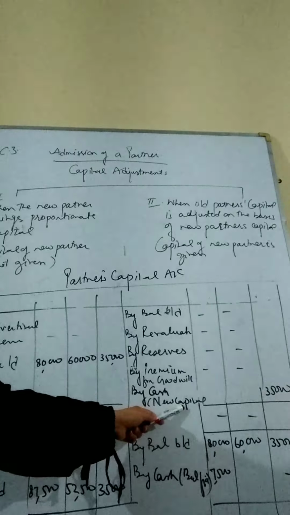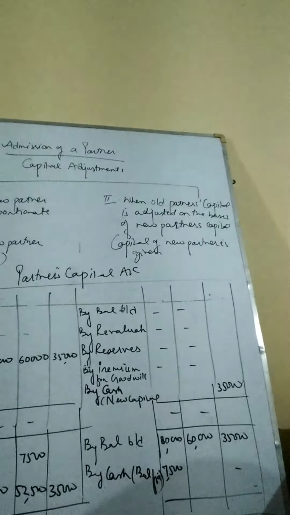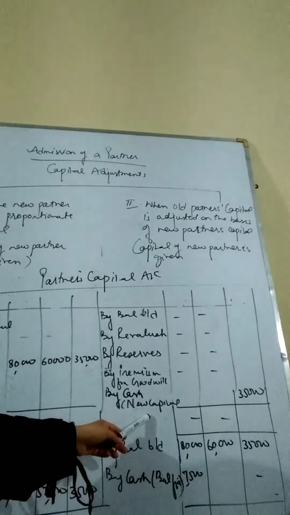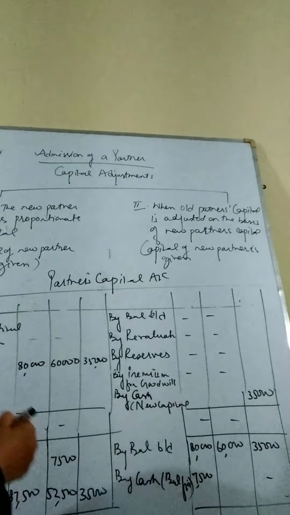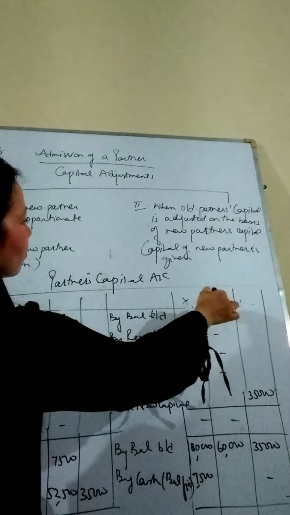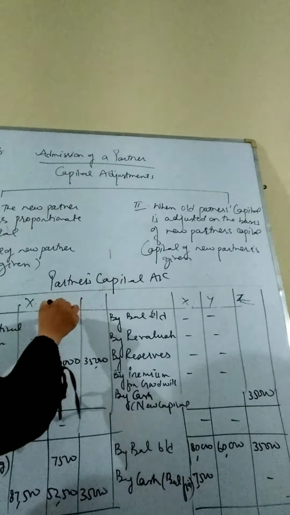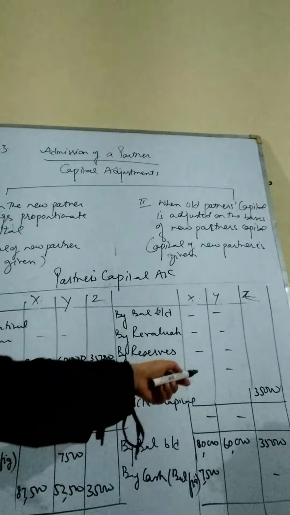New partner's capital will also be written over here as 35,000 as given in the question, by cash, he was bringing the capital in cash, in the accounts of X, Y and Z.